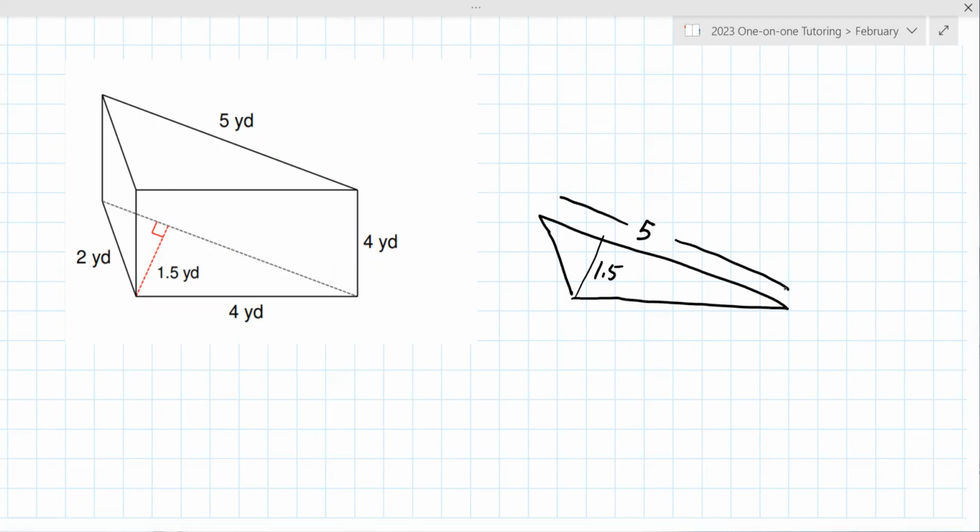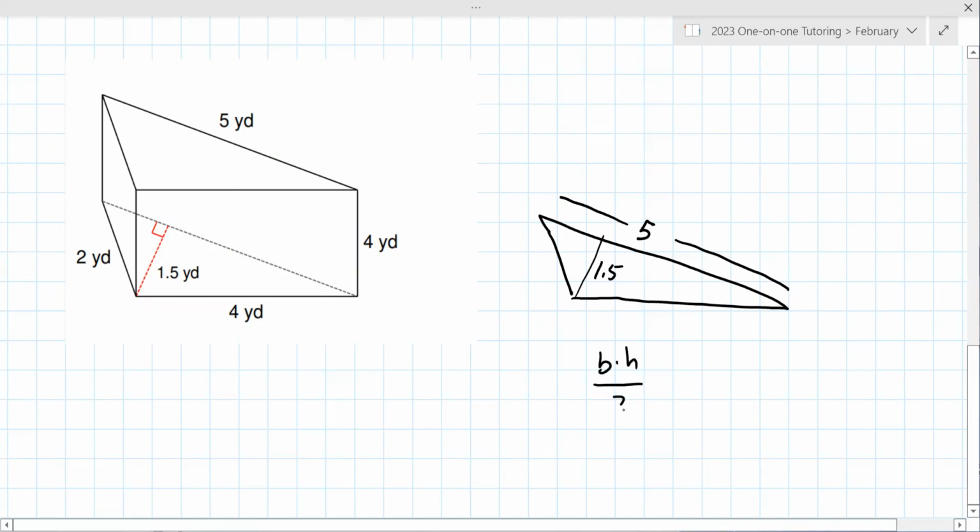And so I do base times height divided by 2, because it's a triangle. So I do 5 times 1.5, which would give me 7.5, and then I need to divide that in half, which would give me 3.75. Good.